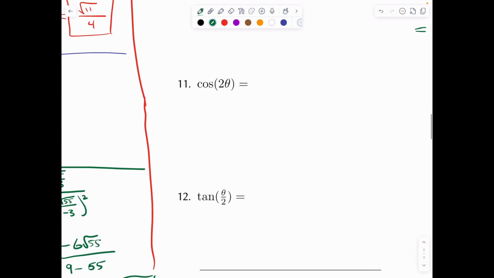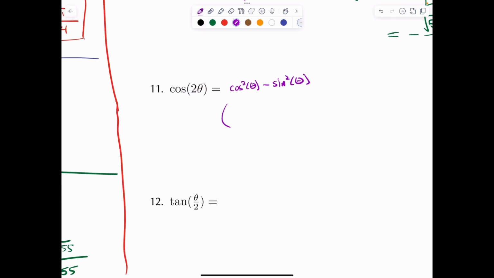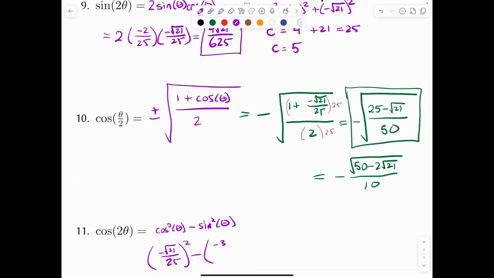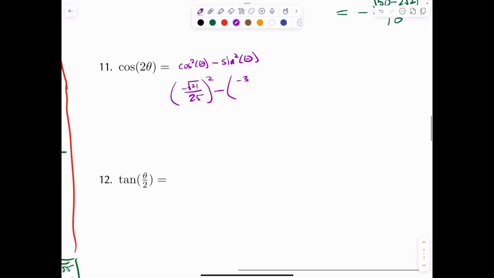Okay, so cosine of 2 theta is cosine squared minus sine squared. And what that means is you're going to take that negative radical 21 over 25, square it, and subtract off negative, what was it, 2?